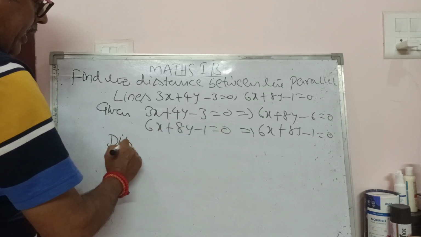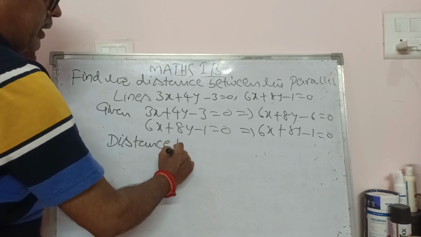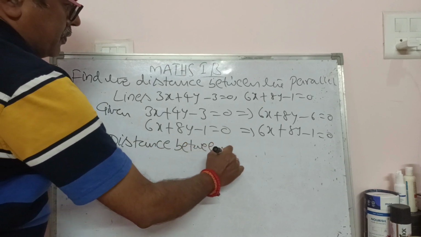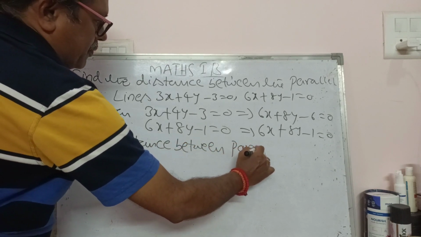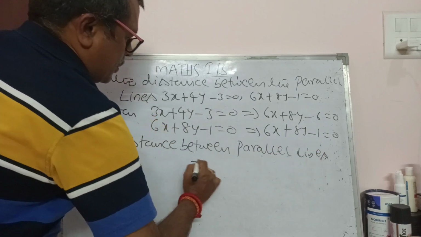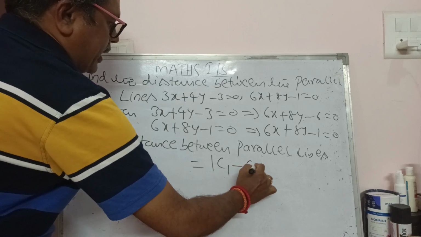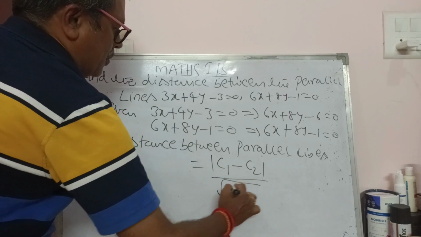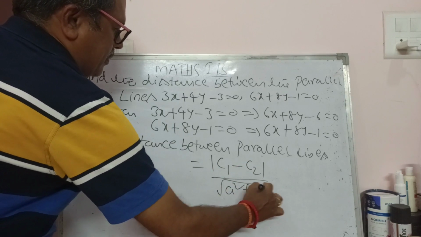Distance between parallel lines: what is the formula that we have discussed? Modulus of c1 minus c2 by root of a square plus b square.